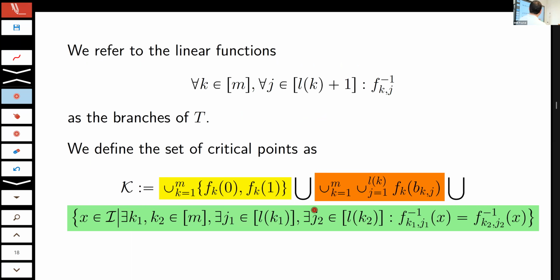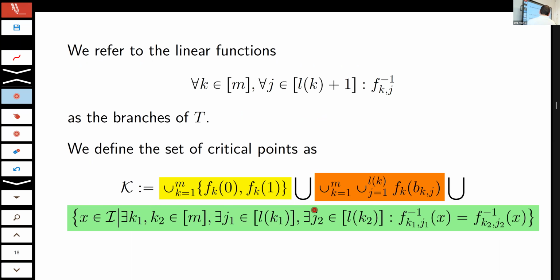Now these functions are not just piecewise affine, they are nice affine functions. These f_{k,j}, we can define their local inverses over some small intervals. I will refer to them as the branches of my multi-valued mapping T.